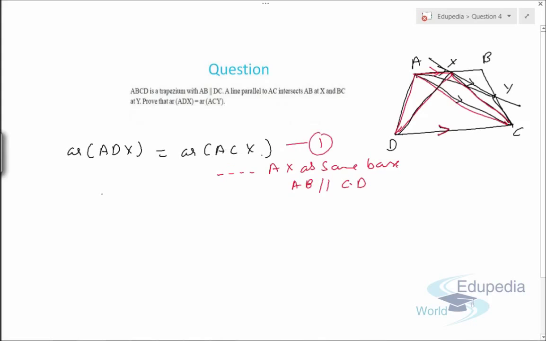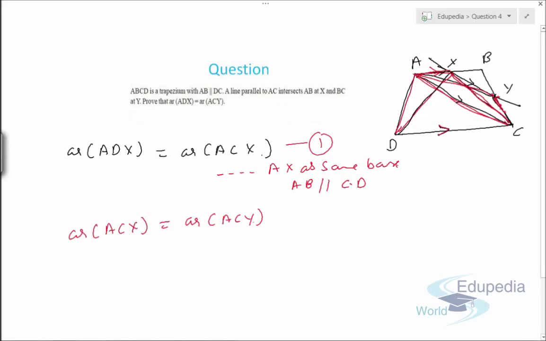Now the second equation: area of ACX is also equal to area of ACY. Why are they equal? You can see properly, this is the area of ACX, and area of ACY is this.